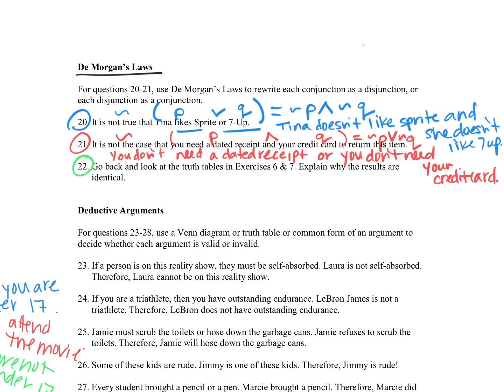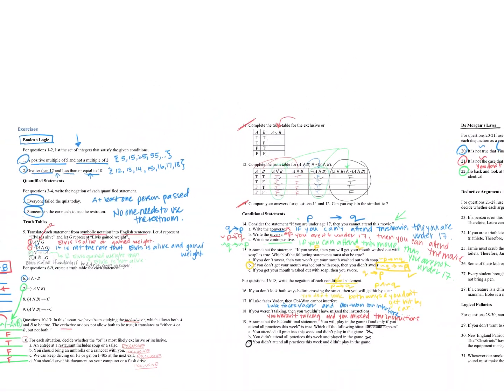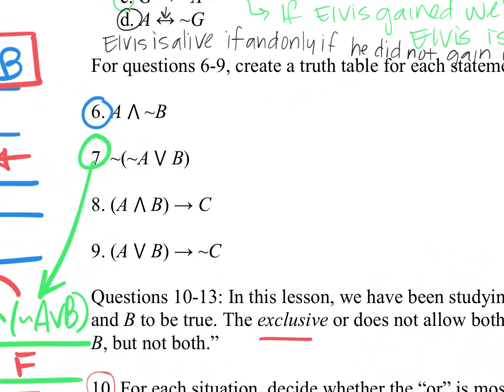For 22, go back and look at the truth tables in 6 and 7 and explain why those results are identical. So let's go back to 6 and 7. If you look at 6 and 7, we have that negation in the front of that parenthesis. And if we think about distributing it and using De Morgan's laws, this would be the same thing as the negation of A and the negation of B. But when you do the negation, it ends up just turning into A. So we have A and negation B, which is exactly statement 6.